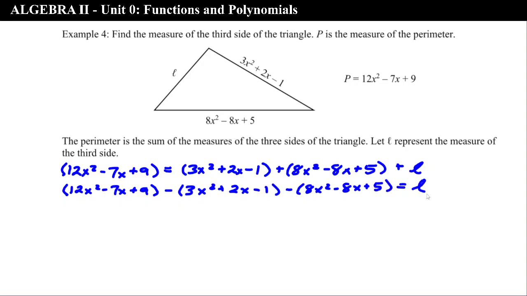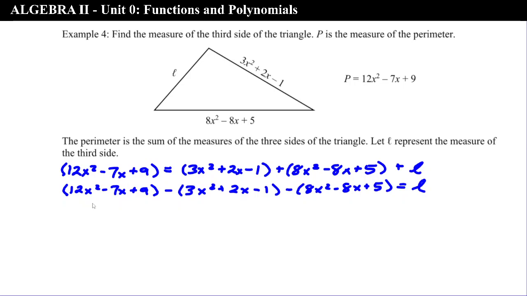And that is equal to our length. So now we've got it in terms of what we're trying to find. Now all we need to do is carry out the subtraction between these polynomials and simplify things down to get what our L is.